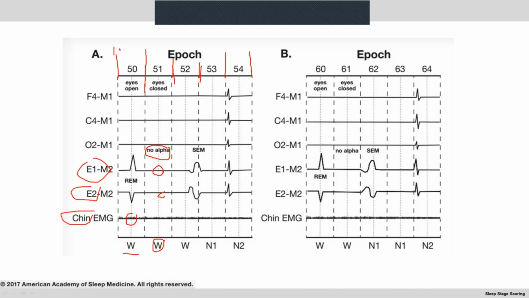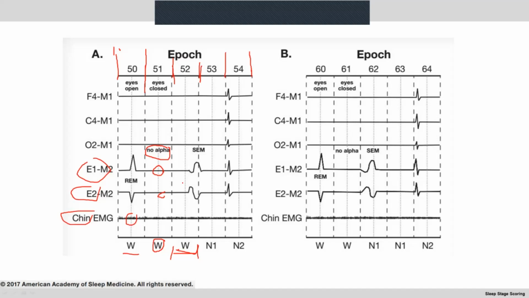But in the next epoch, this is very interesting. Now the rules are changing. Please concentrate and ask questions if you don't understand. Here, this is epoch 52, at 10 p.m., 1 to 1.5 minutes. What is happening?